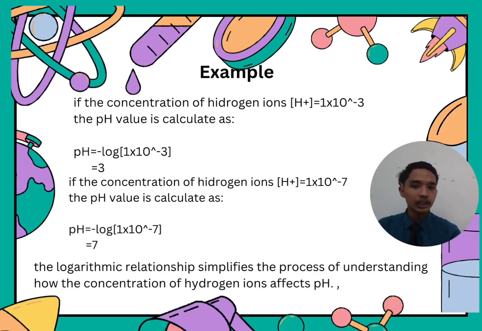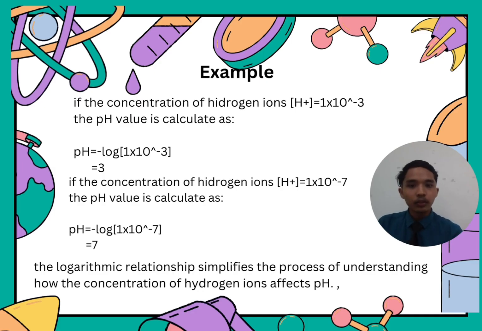Okay, the example is, if the concentration of hydrogen ion H plus equals 1 times 10 to the power of negative 3, the pH value is calculated as pH equals negative log 1 times 10 to the power of negative 3, that equals 3.